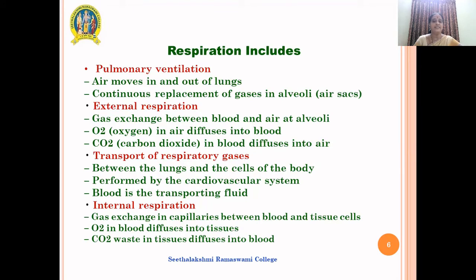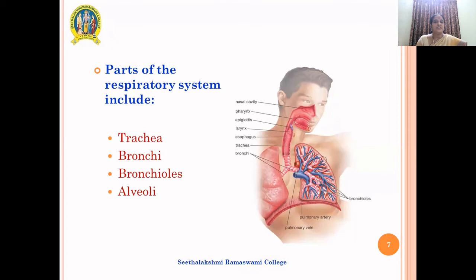Oxygen in the blood diffuses into the tissues, and CO2 waste in tissues diffuses into the blood. So, the successful process of respiration takes place with the support of the respiratory system, which includes the trachea, bronchi, bronchioles, and alveoli.